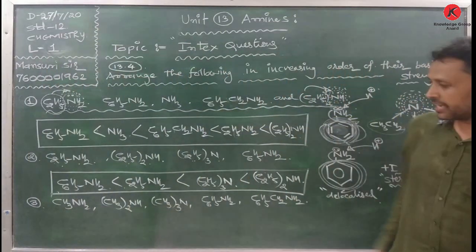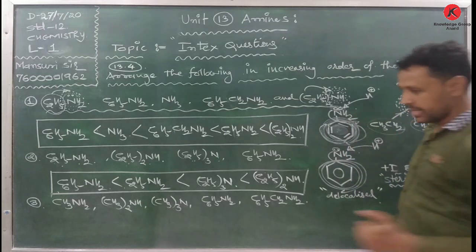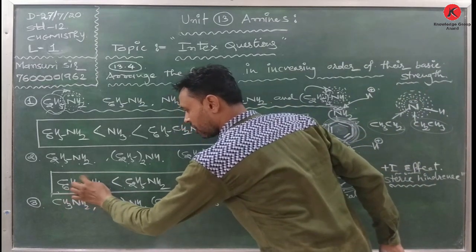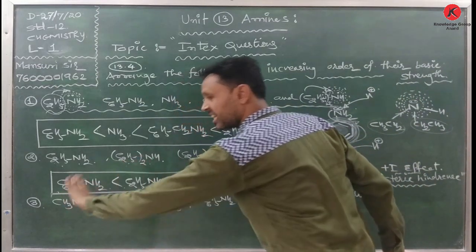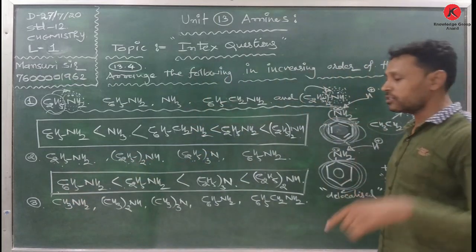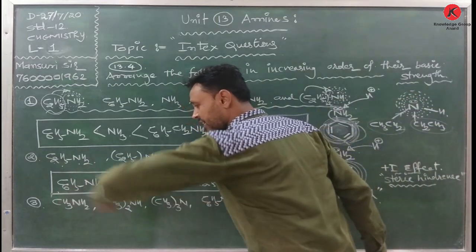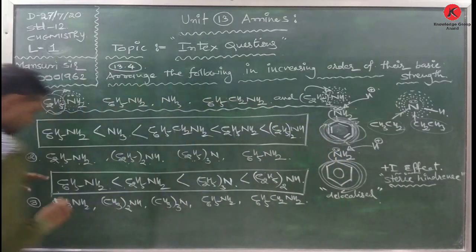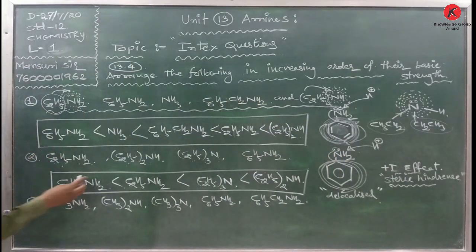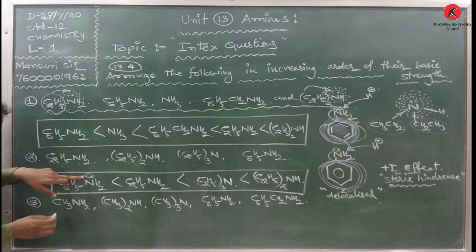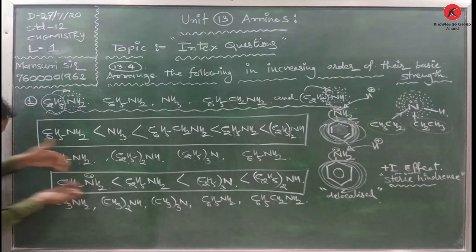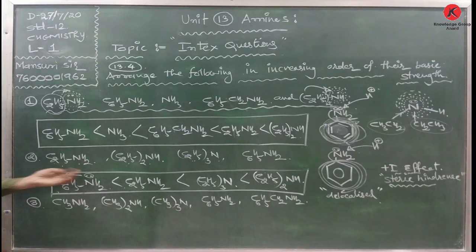Clear? Here what have we done? Aromatic amine shows least basicity. Why? Because C6H5, which is an aryl group, shows minus I effect. That means electron density on nitrogen will be decreased.